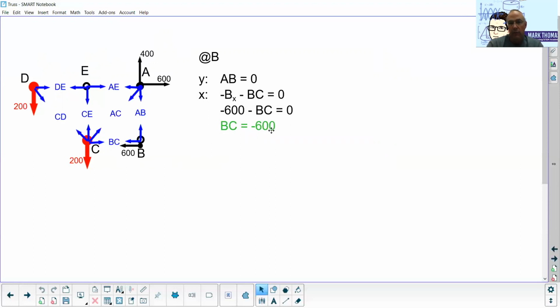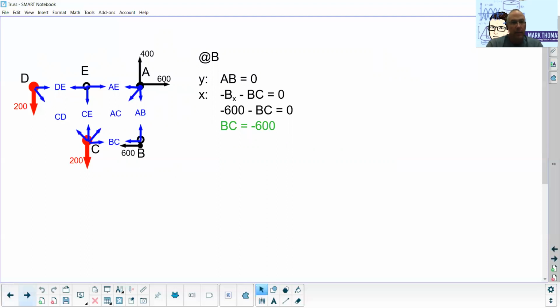negative 600. Okay, one of the things we said is when we're looking at our member forces, if we come up with a negative value, that means our arrows are drawn the wrong way. So we're going to have to switch the direction that they're drawn and recognize that this is actually in compression. So I'm going to show compression values in green throughout.